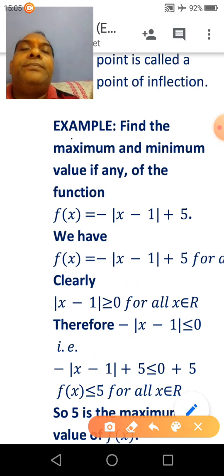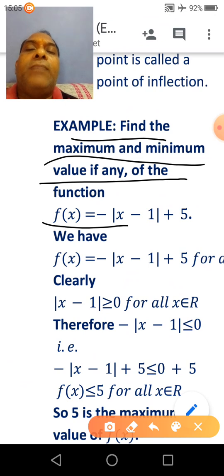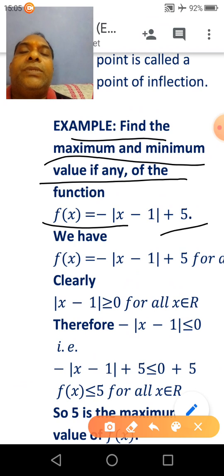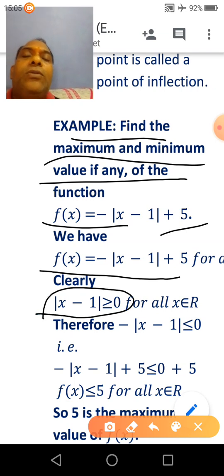Find the maximum and minimum value, if any, of the function f(x) equal to minus |x minus 1| plus 5. So we have f(x) equal to minus |x minus 1| plus 5. The |x minus 1| is greater than or equal to 0 for all x belonging to real numbers.